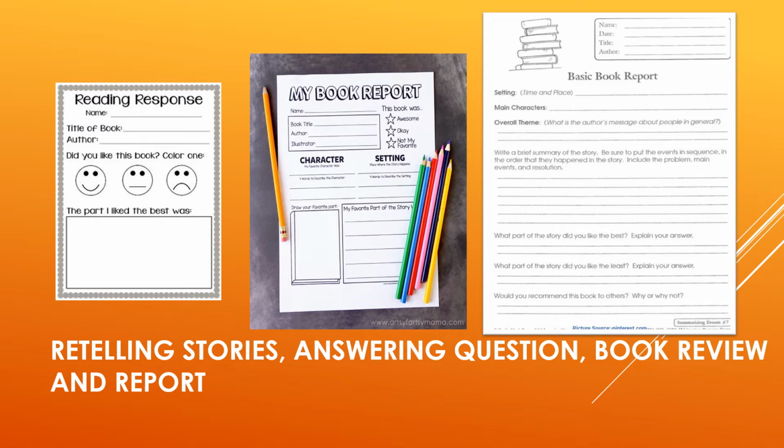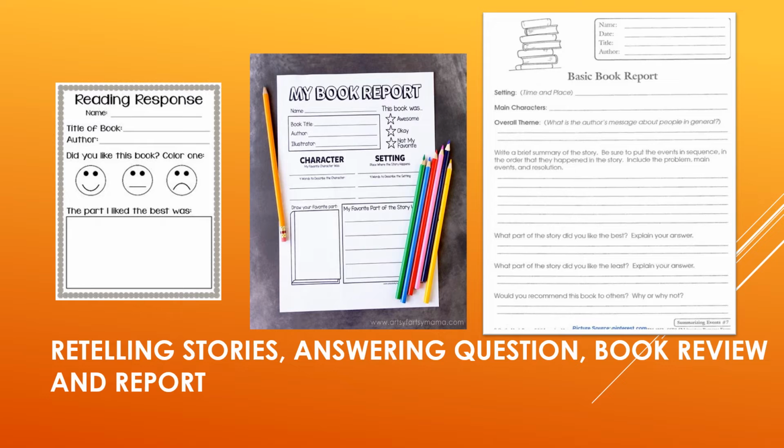For younger learners who do not have a good reading skill yet, you can use this worksheet. You give this along with the books, ask them to read the books, and then fill in the worksheet.